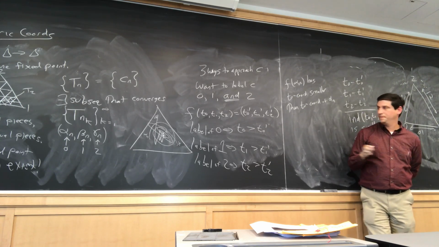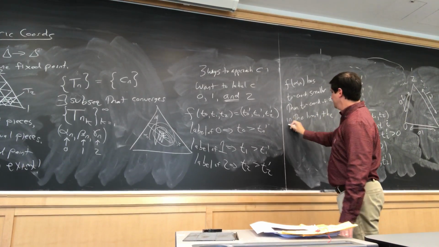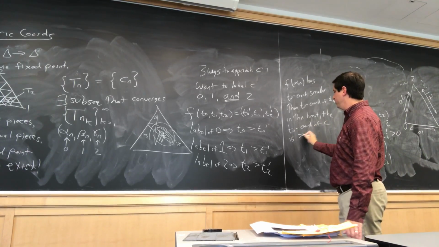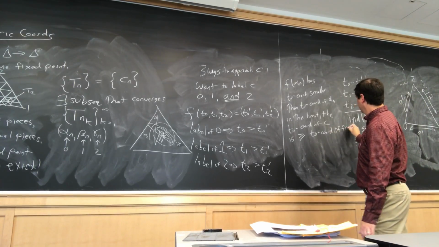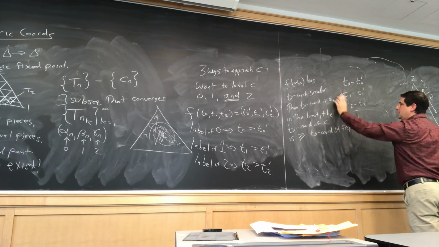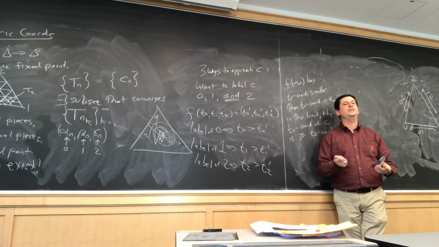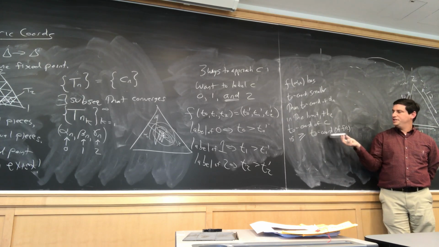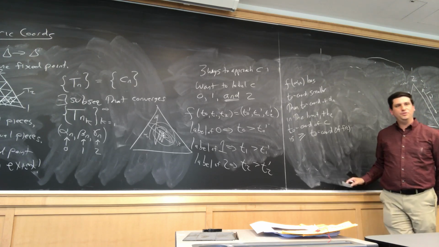So in the limit, the t0 coordinate of C is greater than or equal to the t0 coordinate of f of C. So if you are greater than 0, then in the limit you may not be greater than 0, but you'll be greater than or equal to 0. So we know that the t0 coordinate of C is greater than or equal to the t0 coordinate of f of C. The same is true for the t1 coordinate, the same is true for the t2 coordinate.